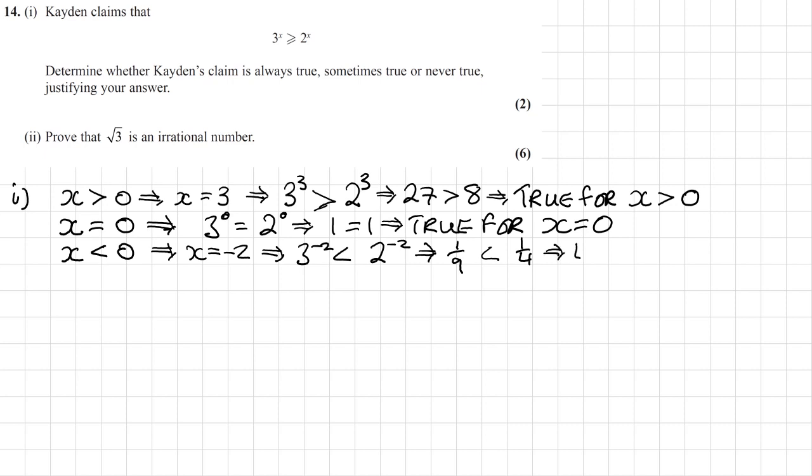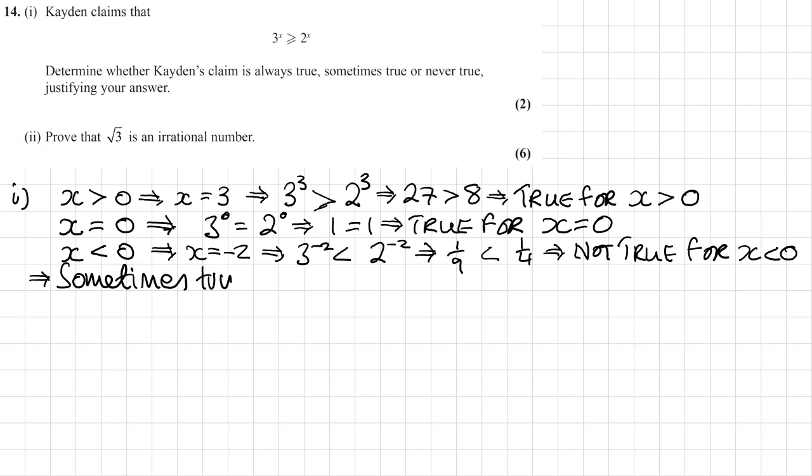So this is not true for x less than 0. So our conclusion is that this statement is sometimes true, because it's true when x is positive or 0, but it's not true when x is negative.